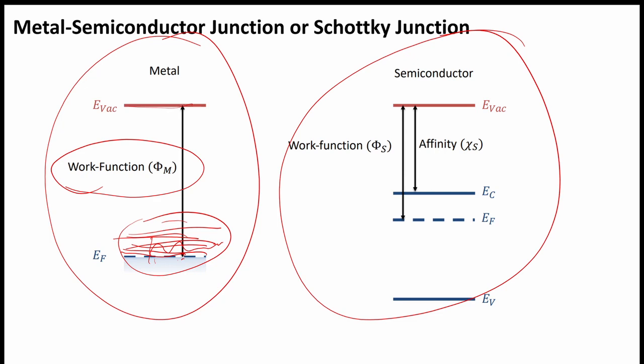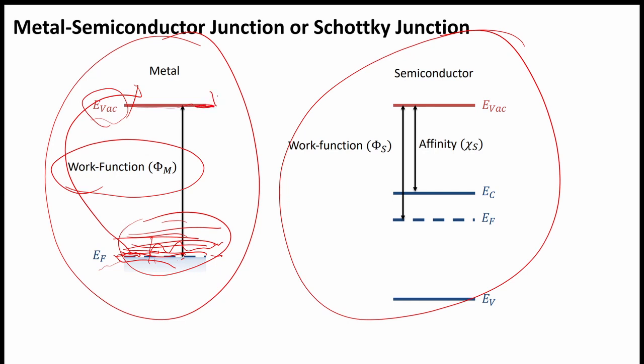This is the Fermi level, the uppermost level that is filled at 0 Kelvin. The vacuum level is the energy required to knock off an electron from this level and make it completely free, where the kinetic energy and potential energy are zero.